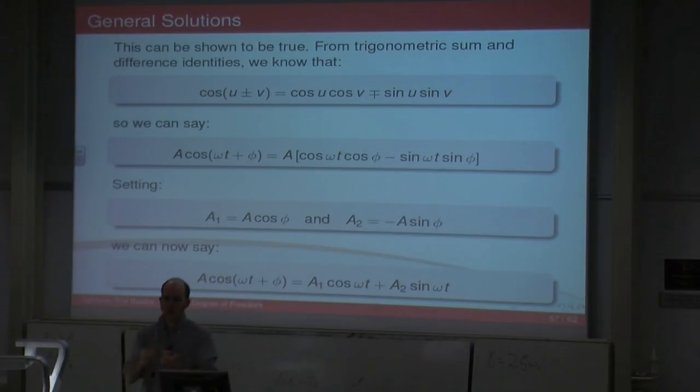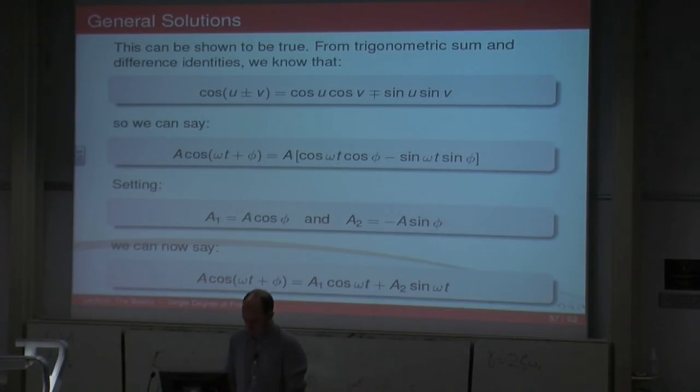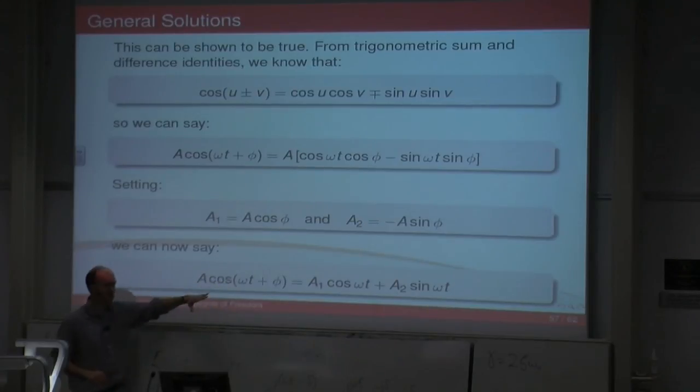So if you know A and you know phi, you could either use this equation, or you could find these two terms and then use this equation. Either works. Sometimes you'll see me write this equation in this form, and sometimes in this form. But as long as you're aware that they're the same thing, it doesn't matter.